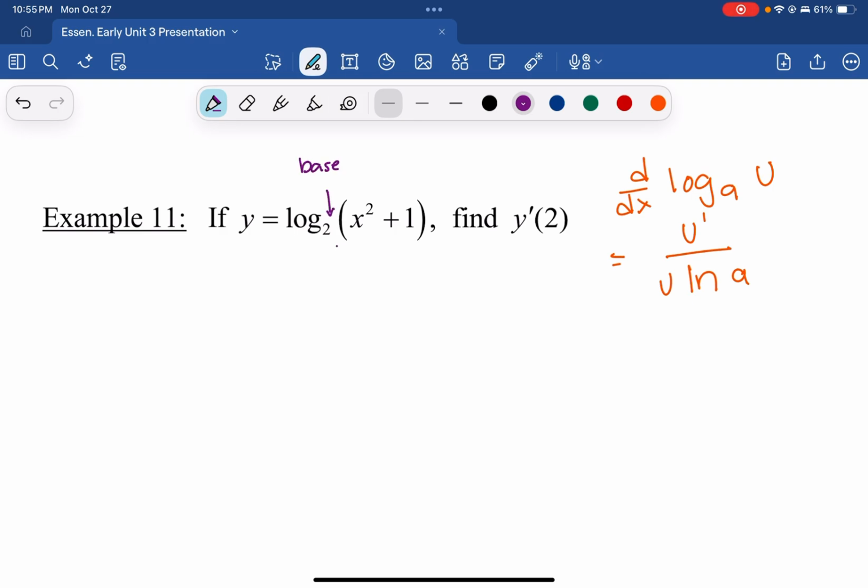So ours is log base 2, so choose our base. All right, we've got x squared plus 1, that's our u. So y prime is equal to the derivative of our inside, so x squared plus 1, so 2x, over our u, so that inside, x squared plus 1, times the natural log of our 2.